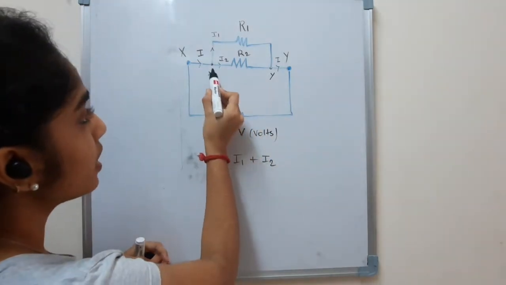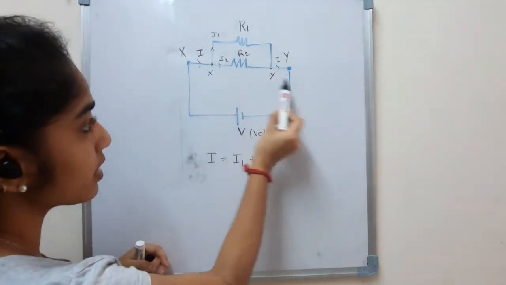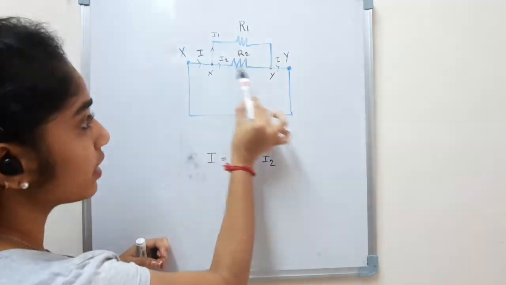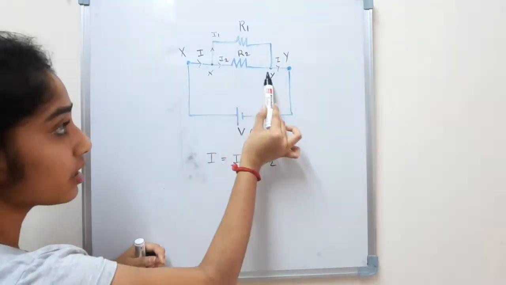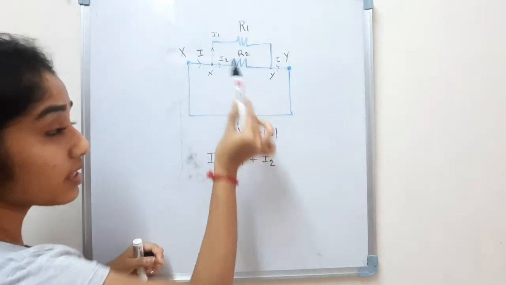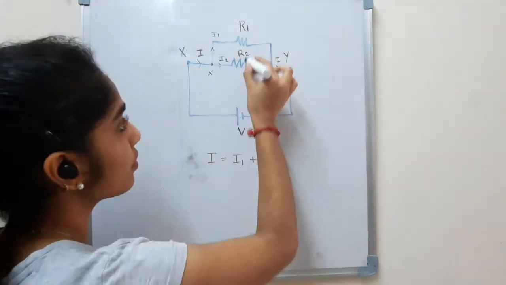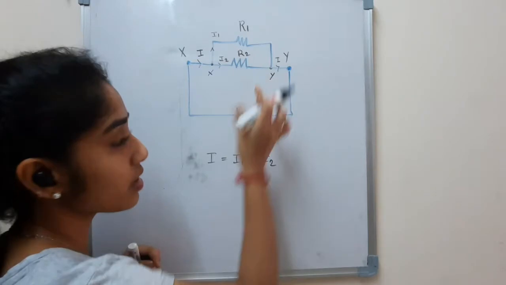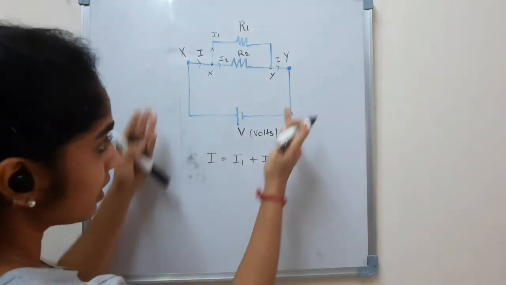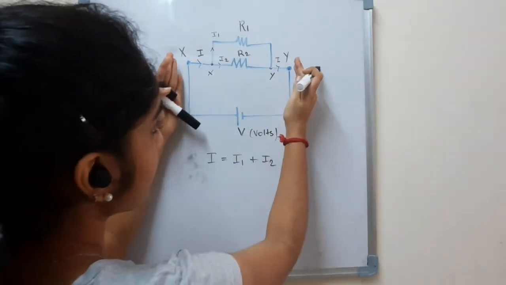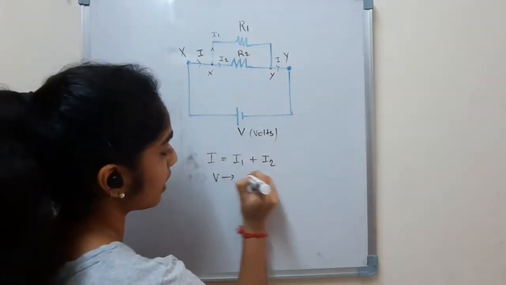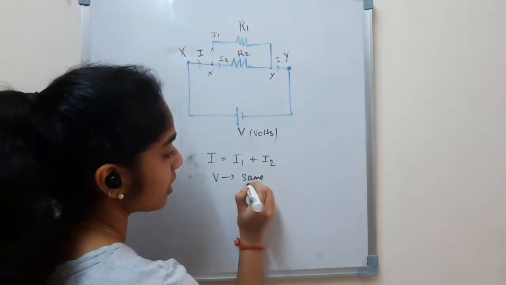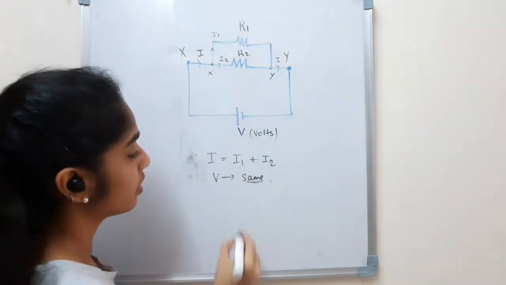So V across R2 is capital V, and across R1 is also capital V because you're measuring the same voltage across the same points, right? So the voltage across these two resistors will be the same. As you can see, they're connected across the voltage source. So V is the same for both the resistors.